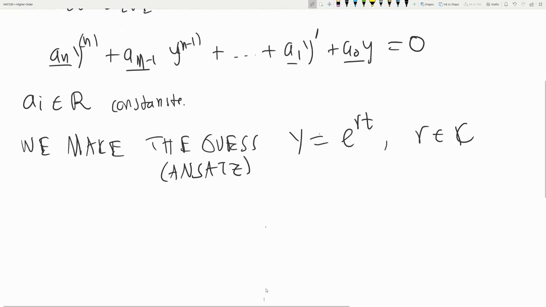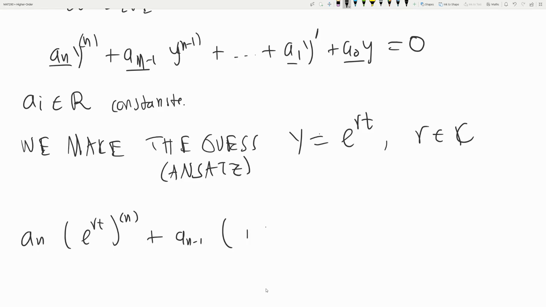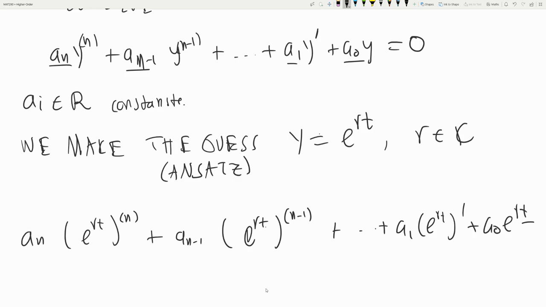Okay. So that means you plug it in. And a_1, and then e^(rt).